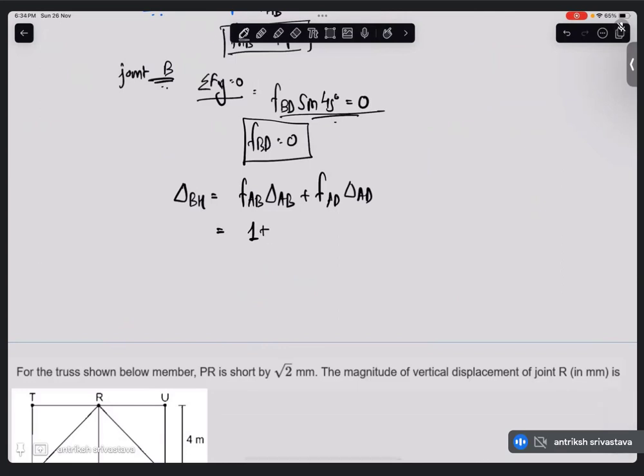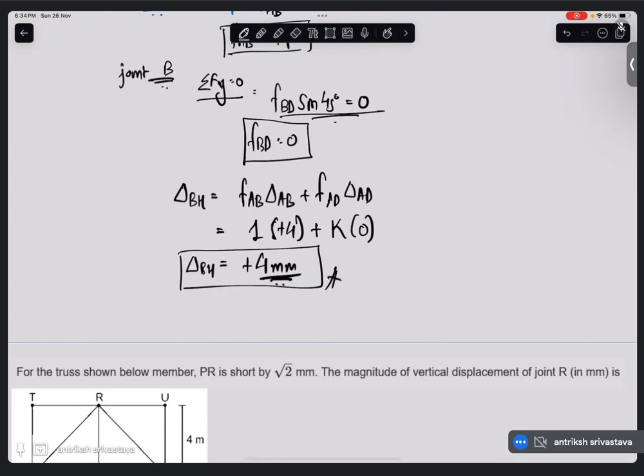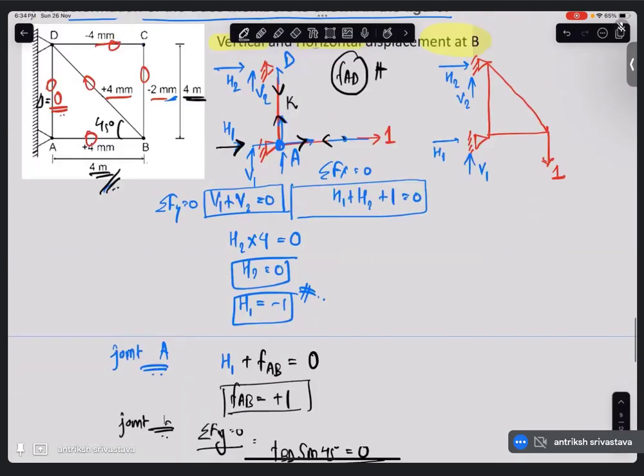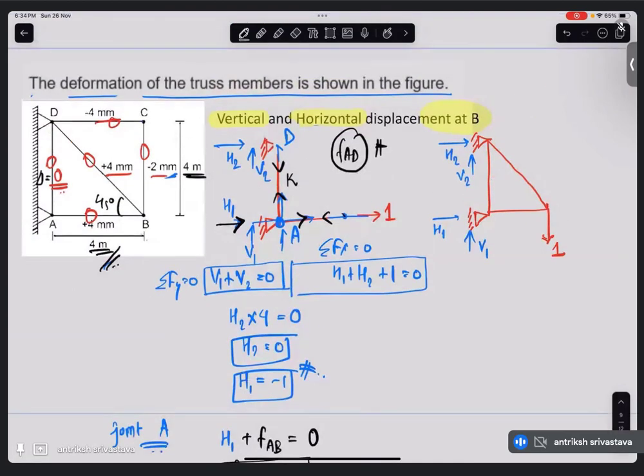So it is 1 into plus 4 mm, plus FAD, some k, into delta AD 0. Easily we can solve this question, right? Now let's look at this particular case, trying to find out the vertical displacement.